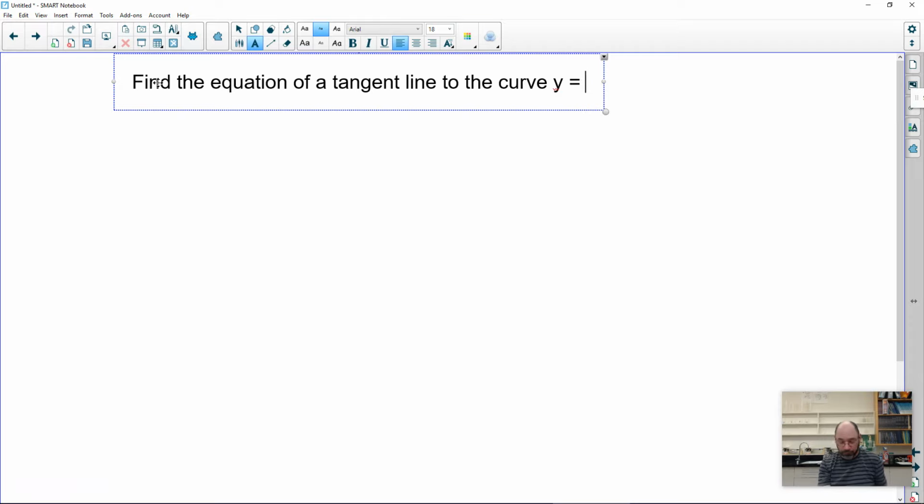Y equals, let's make it real simple, 3x plus 5 times x minus x squared, at x equals 1.